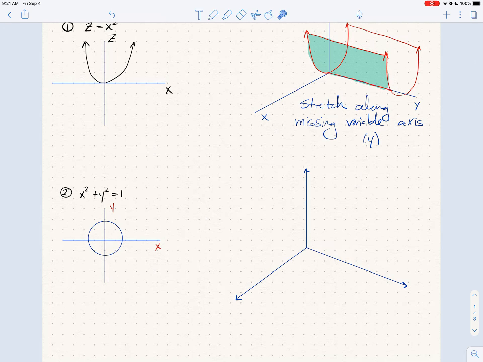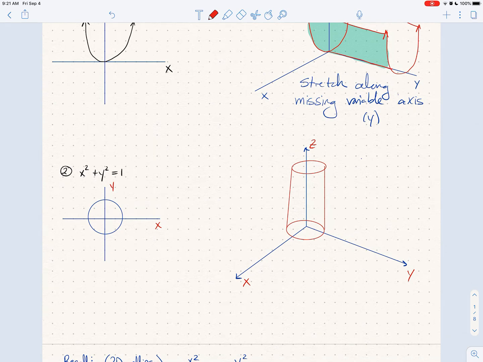So here's x, here's y, here's z. And this is going to be a little bit tricky, but something like that maybe. And then we're just going to stretch it along the missing axis, which is the z-axis. And so we get something that looks like that. And my cylinder isn't perfect, but it sort of works. It looks like the bottom is a little bit bigger than the top. It's supposed to be the same, but I'll blame the iPad.